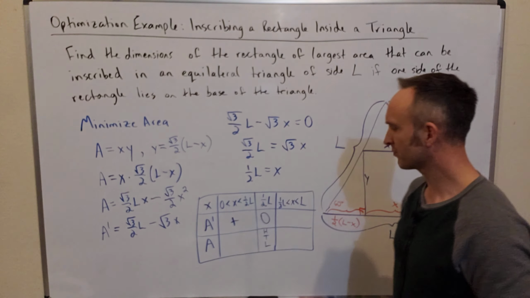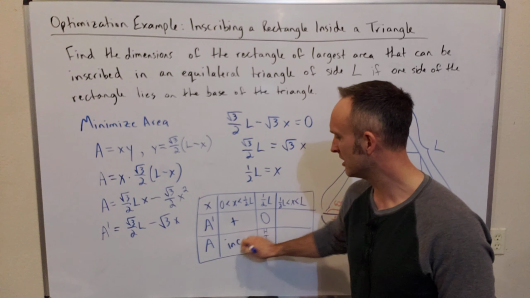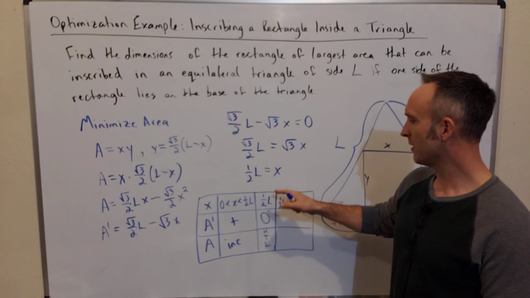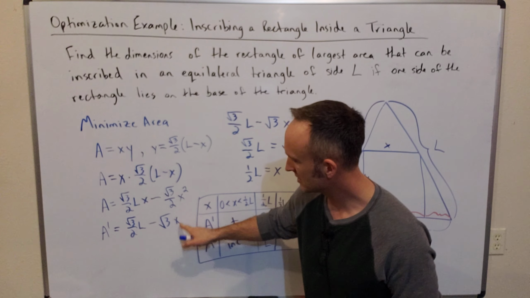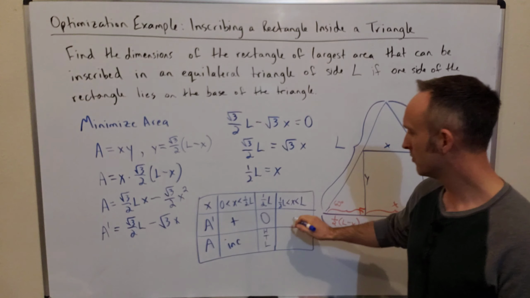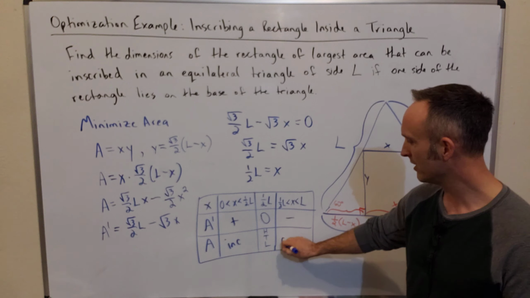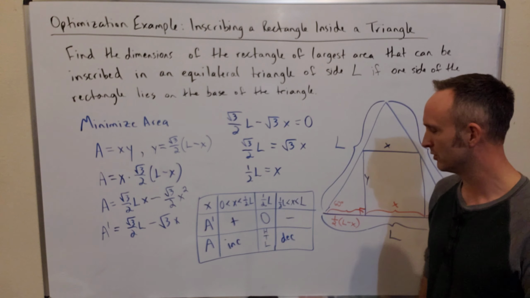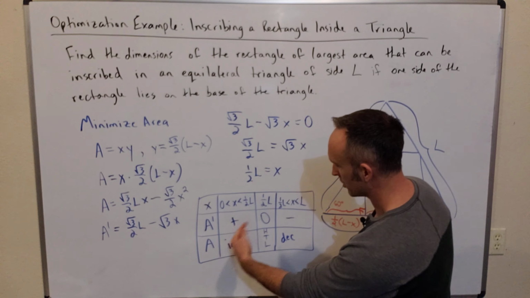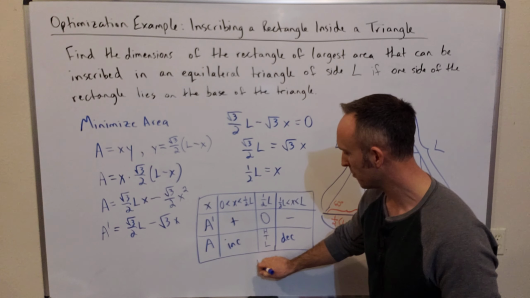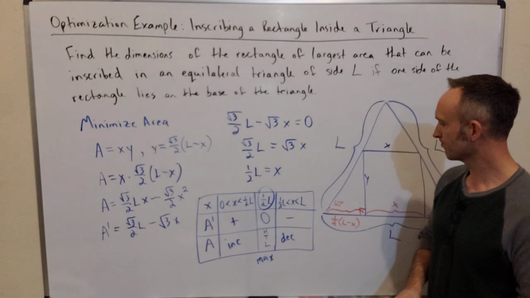So my derivative is positive there, meaning that my area is increasing there. Now if I plug in numbers bigger than 1/2 L, then I'm going to be subtracting something bigger than what I started with, resulting in a negative difference. And so my area function is decreasing on this interval. So I'm increasing, horizontal tangent line, and then decreasing, so I have a maximum at this x value.